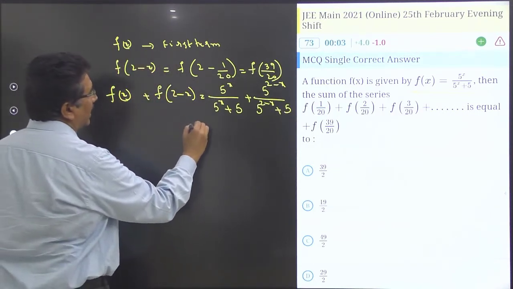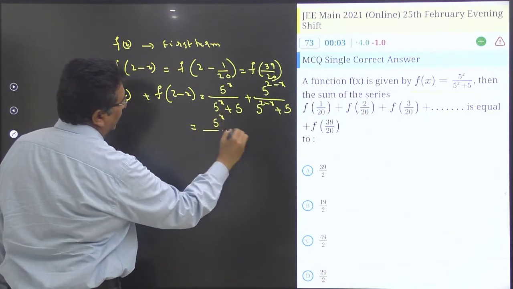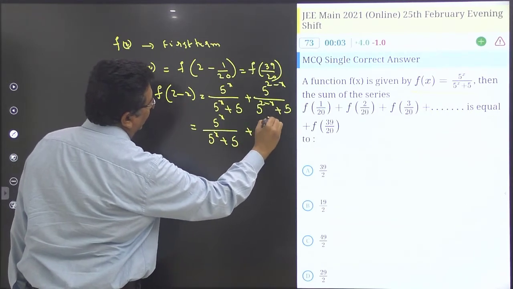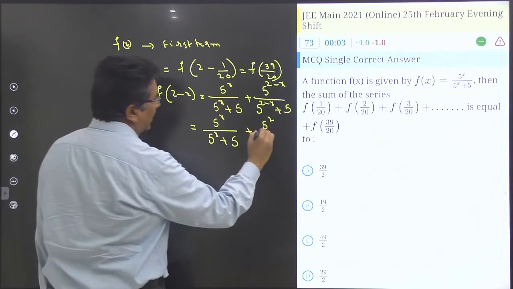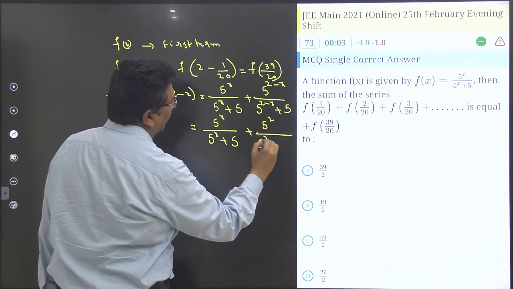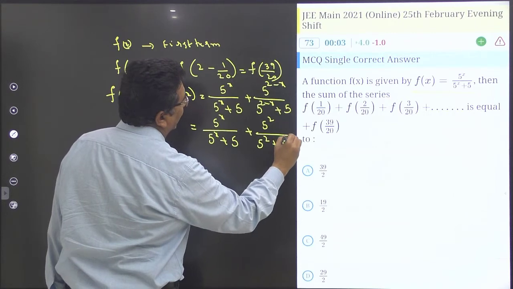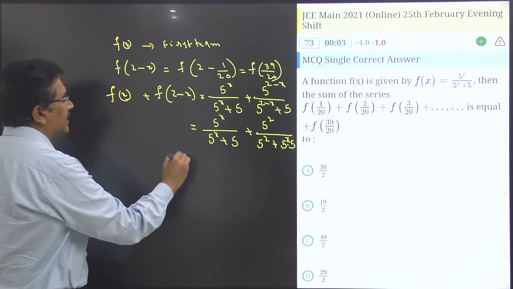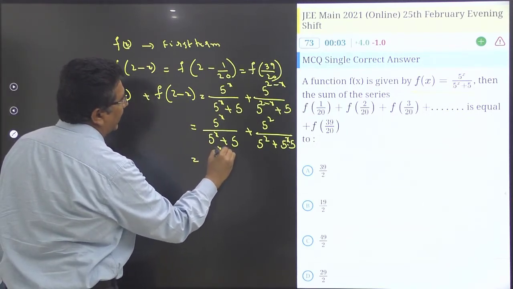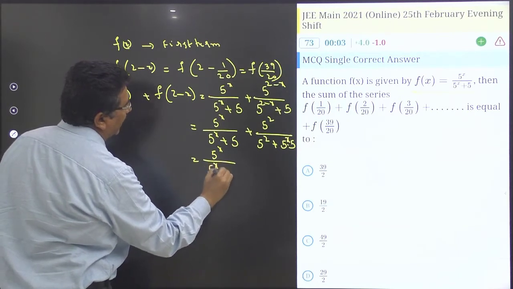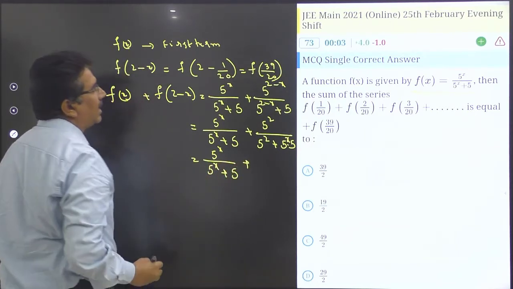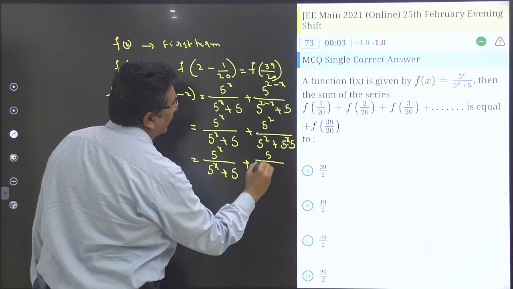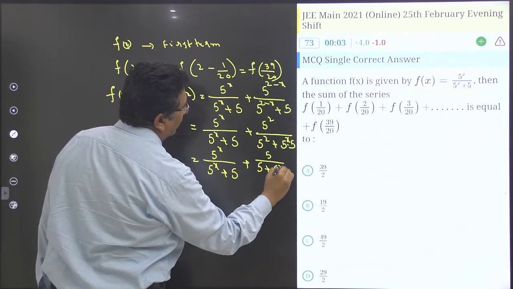That is equal to 5 power x divided by 5 power x plus 5 plus 5 divided by 5 plus 5 power x.